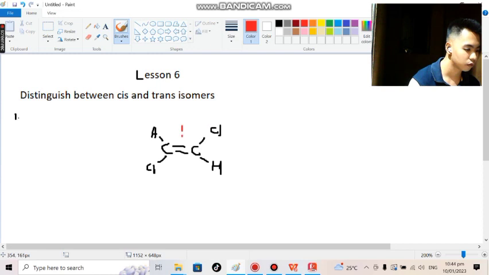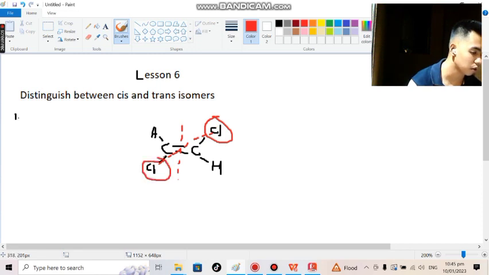Our definition of a trans isomer is that the same side groups are on the opposite sides. So our chlorine in carbon 1 is on the lower part and the chlorine in our carbon 2 is located on the upper side.